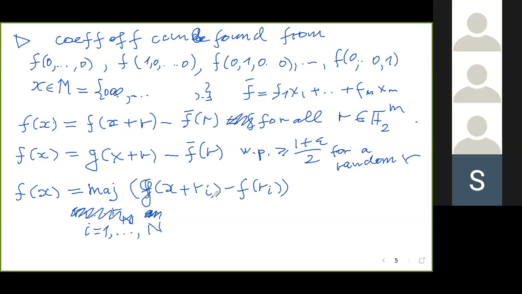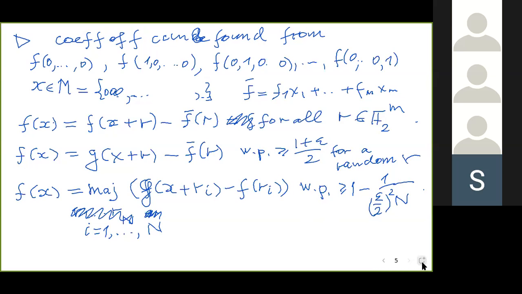And this happens with probability at least 1 minus 1 over (epsilon over 2) squared times n. And this follows from Chebyshev's inequality. Let's see why.